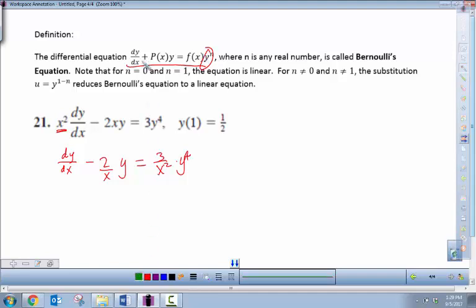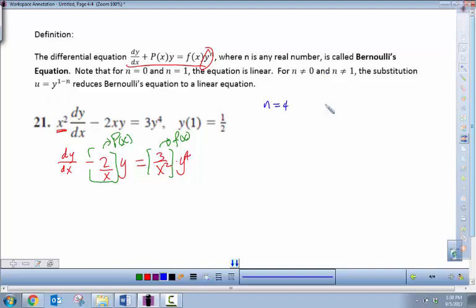I can also identify my p of x and my f of x. So I can see that my n is equal to 4. It's not equal to 0 or 1, because if it was, then it would be linear.